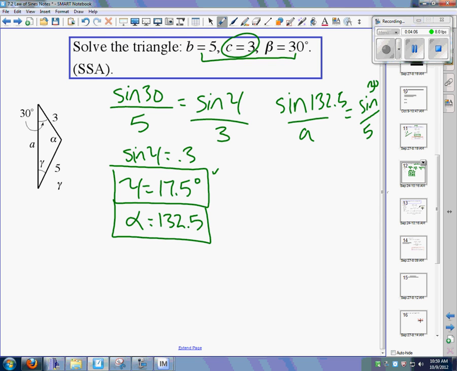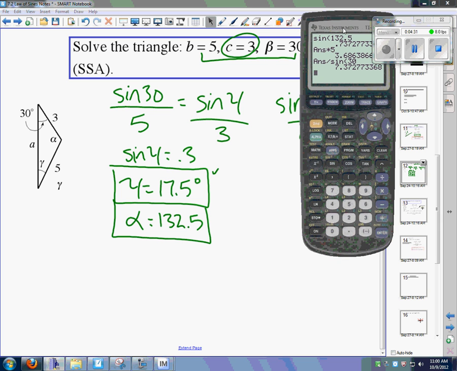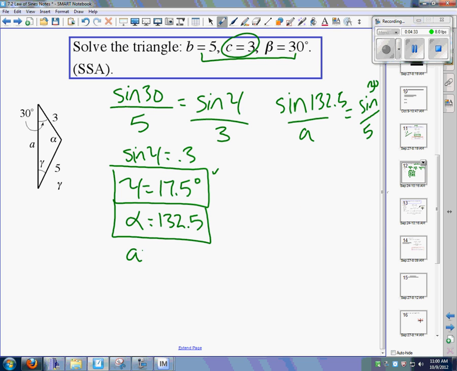So sine of 30 over 5. So I'm going to cross multiply here. So sine of 132.5 times 5, and then I'm going to divide this by sine of 30. So 7.37.